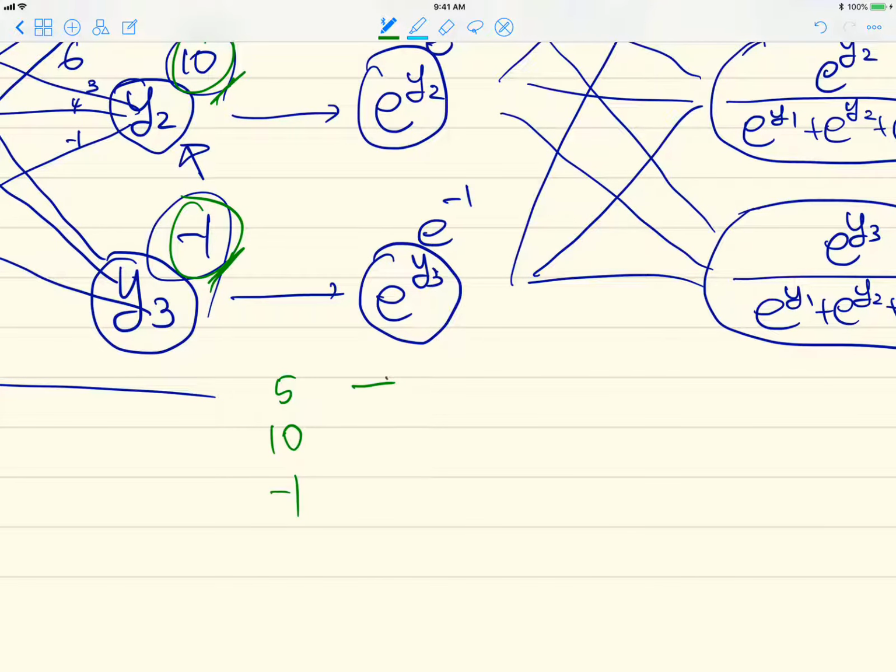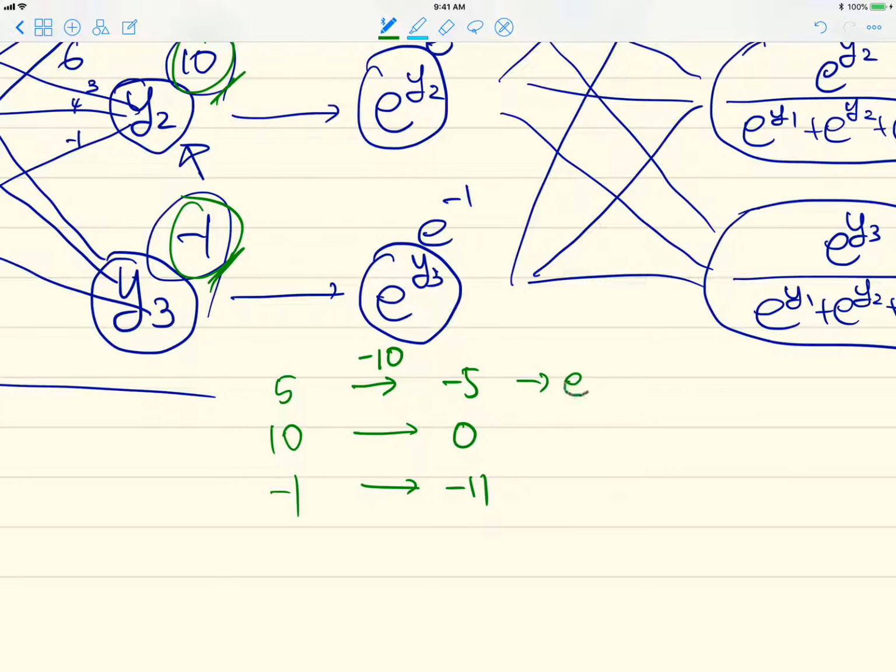we just subtract some constant value, let's say 10, and then it will be negative 5, 0, and negative 11.